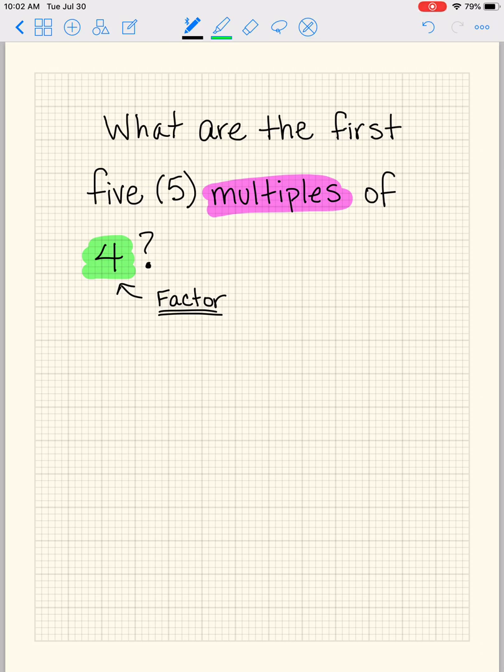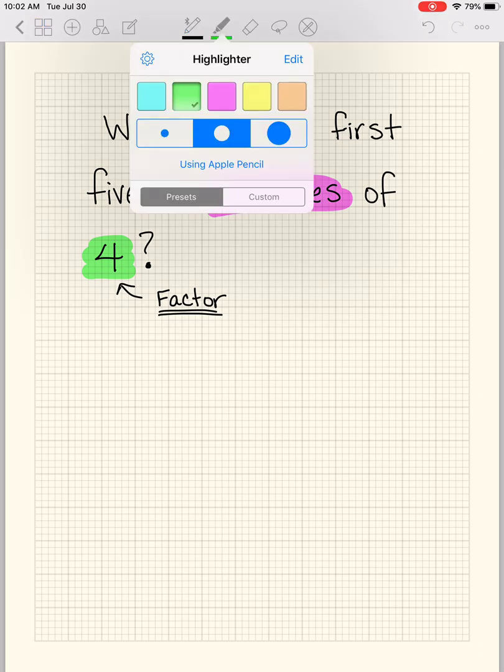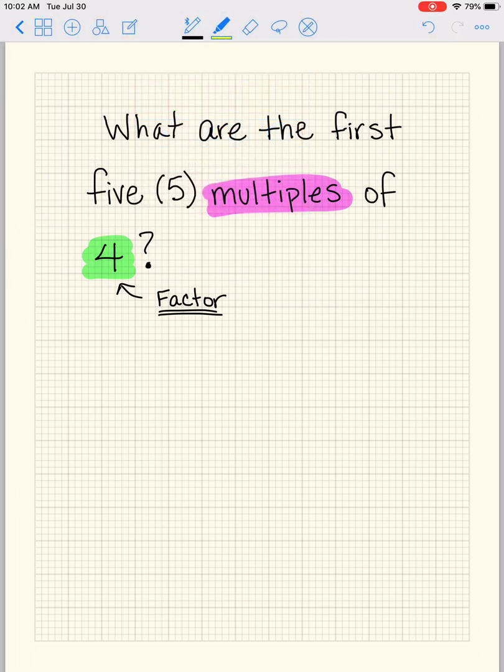Now, the question also asked, what are the first 5 multiples of 4? That is going to be key in telling me what are the first 5 numbers that I'm going to multiply the factor 4 by. So here's how I'm going to set it up.